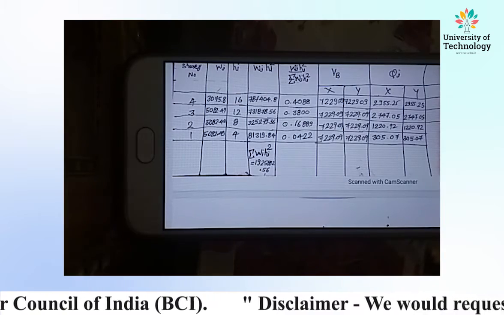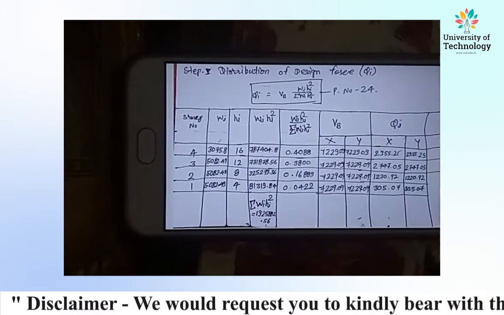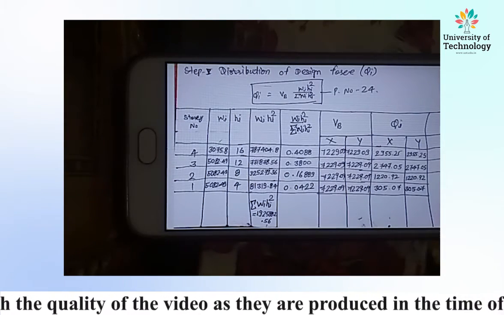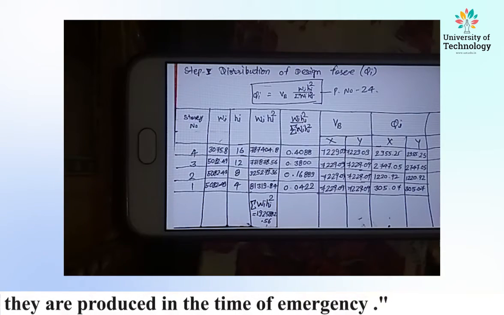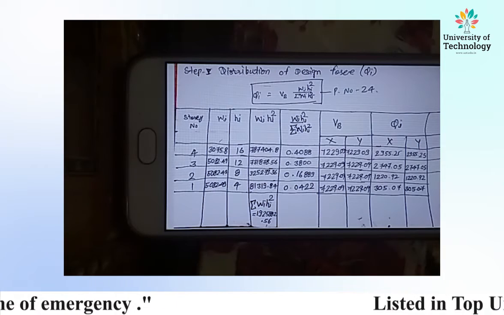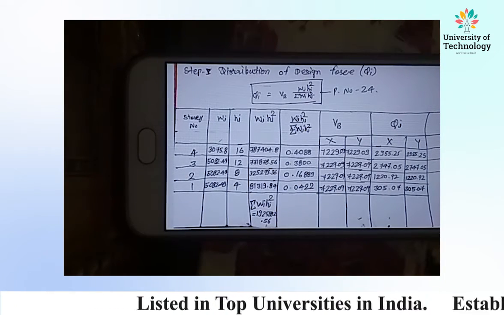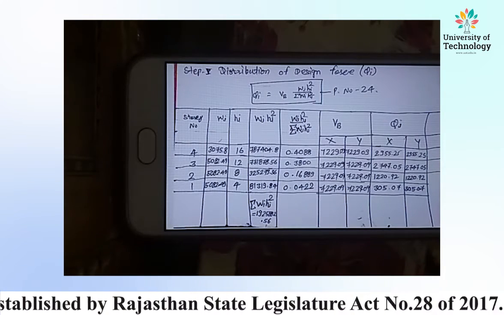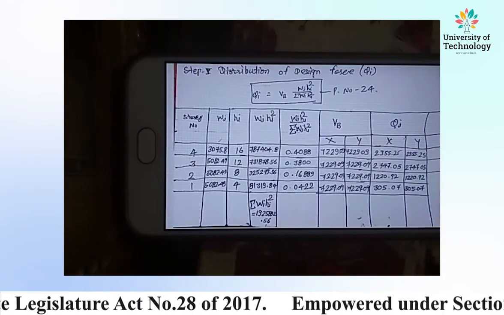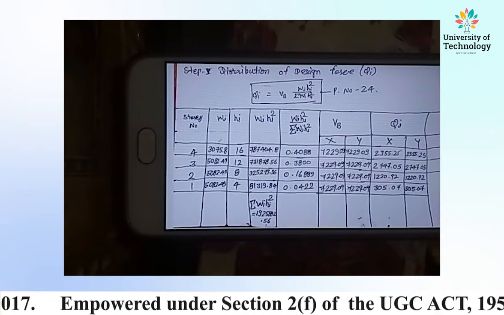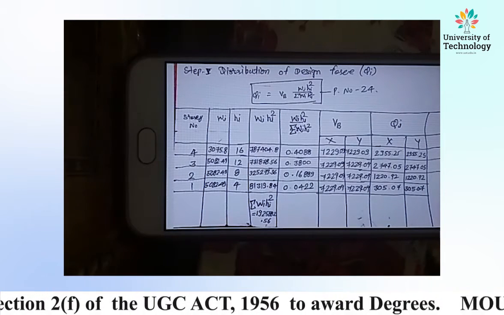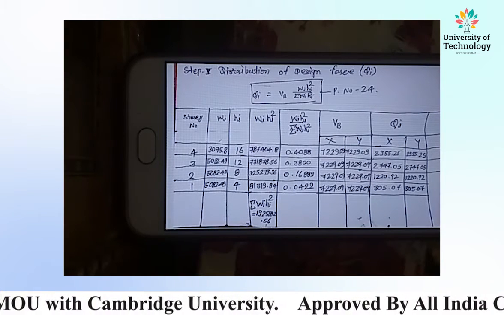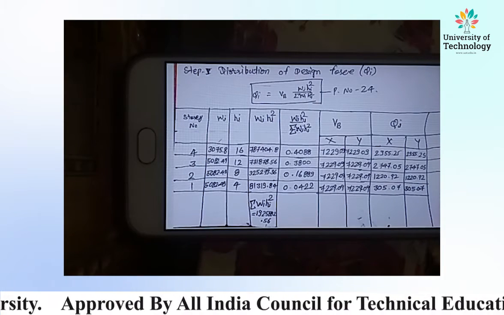What is Qi? Qi is the distribution of design force. So the design force for the top story is much more as compared to the stories below. If you move from the top story to the ground story, this value decreases continuously, and ultimately for the first story the value will be 305.07, as we have calculated.